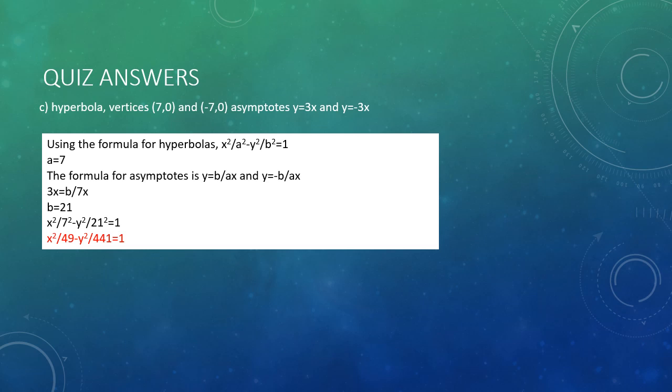Now since we know a, if we substitute that in, we can solve for b, which is going to be equal to 21. And now, having found a and b, we can substitute those into the formula for our hyperbola, and we can get x squared over 49 minus y squared over 441 is equal to 1.